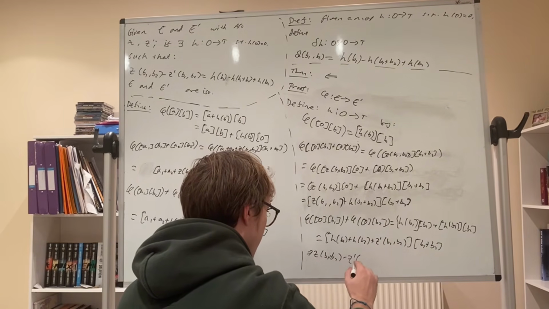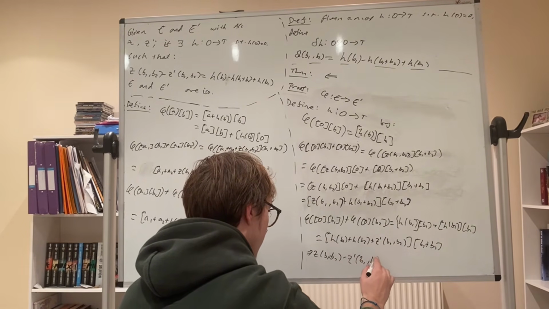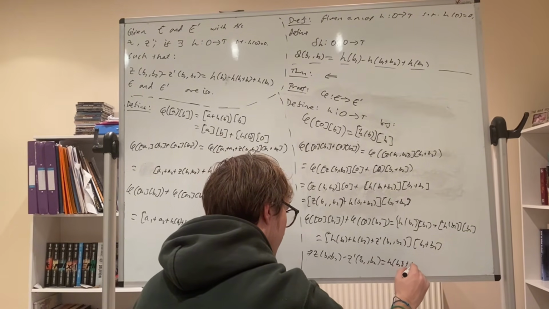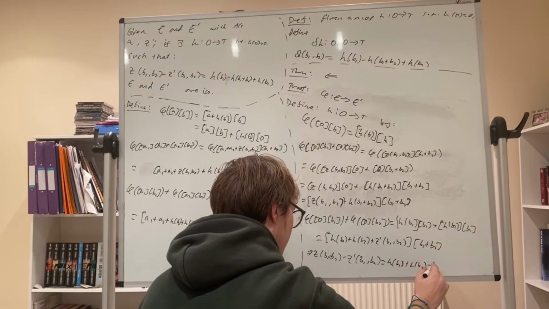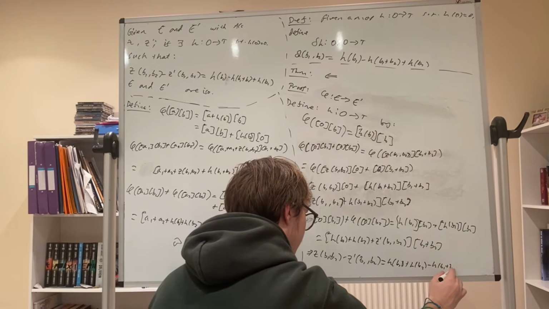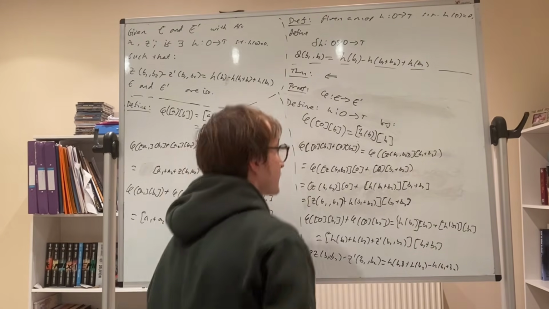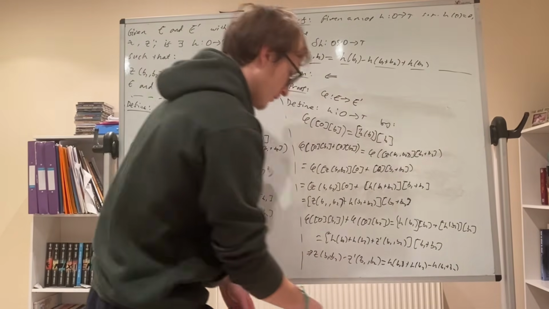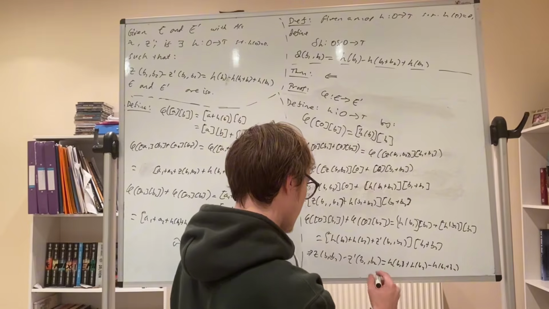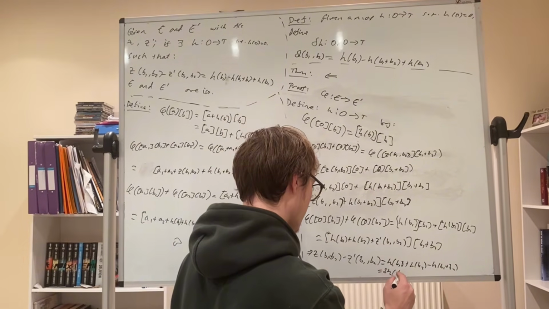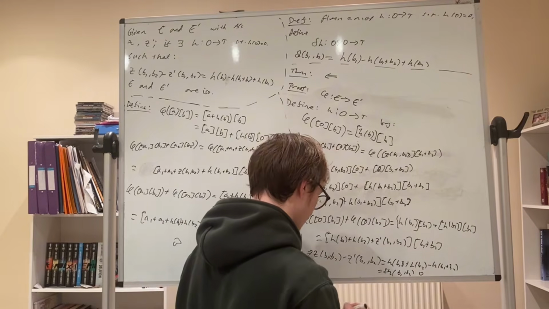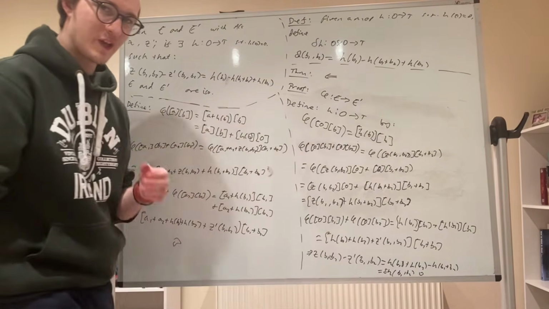We get minus z prime of b1, b2 equals h of b1 plus h of b2 minus h of b1 plus b2. And therefore, this is equal to delta h of b1, b2. And we're done.